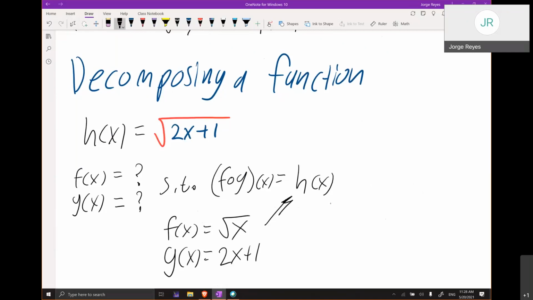But you can do it other ways. Technically there are infinitely many. I could choose f of x equals square root of x plus 1 and g of x equals 2x. That's another combination that works.